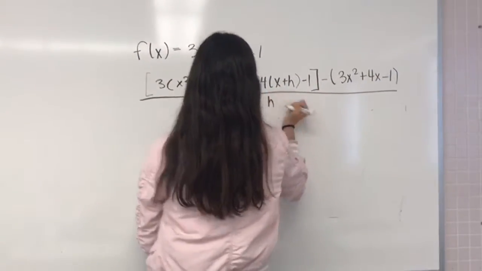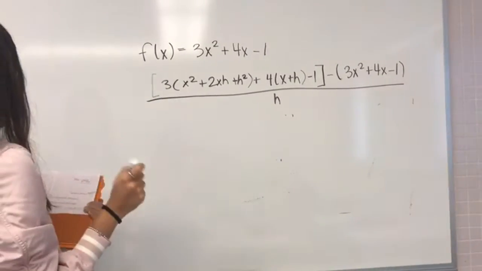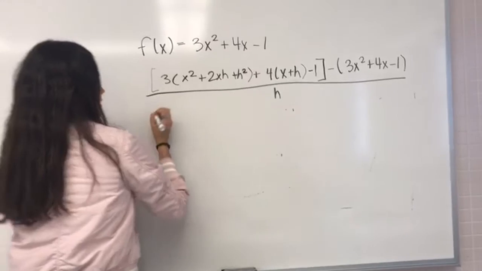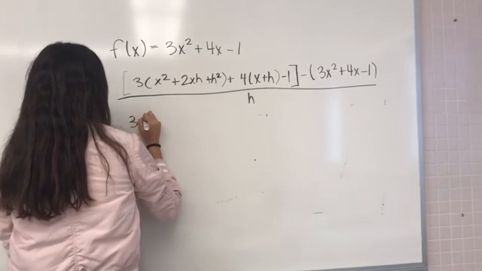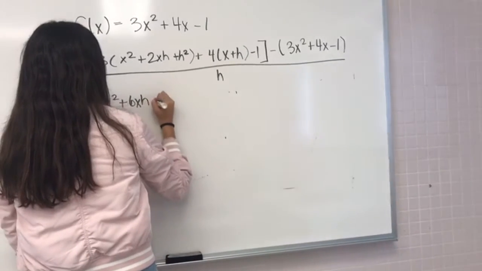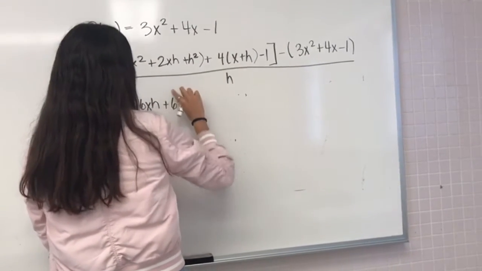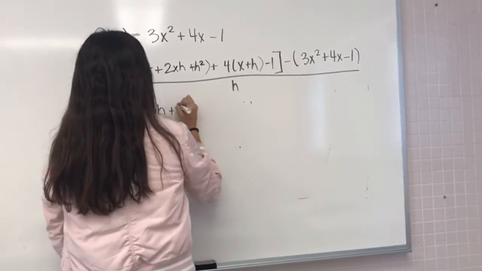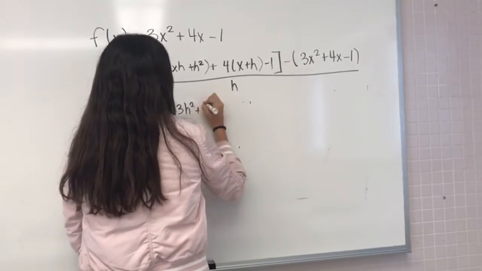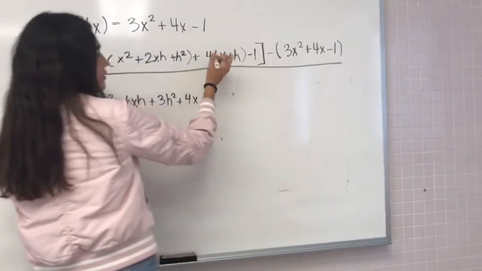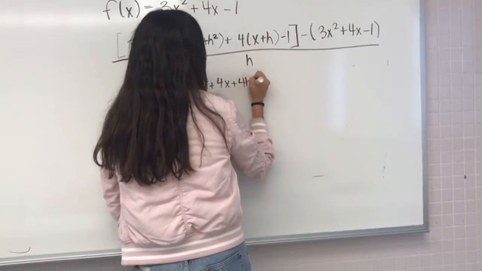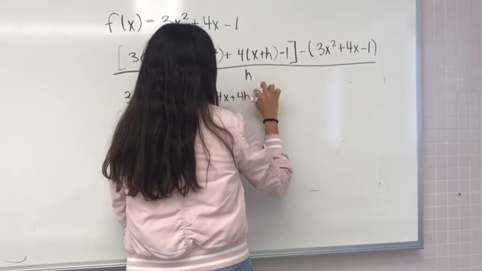and everything over h. Okay, and now the second step is that we're going to multiply. So we have 3x squared plus 6xh plus 3h squared plus 4x, 4 times x, plus 4h minus 1.